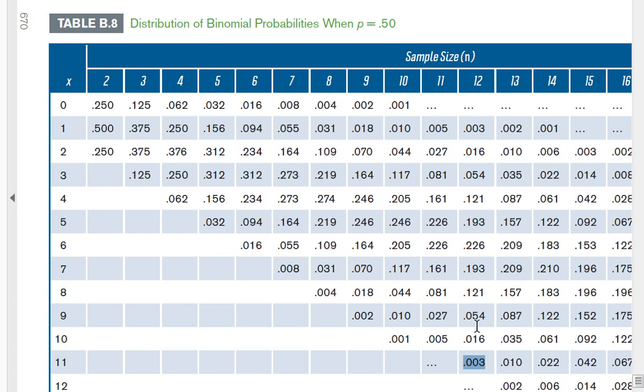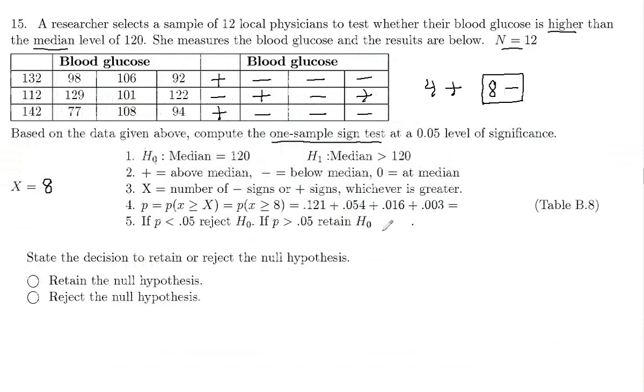That's the probability that you have 8 or more out of 12. And if you add those up on the calculator, you get 0.194. Again, that's table B8.